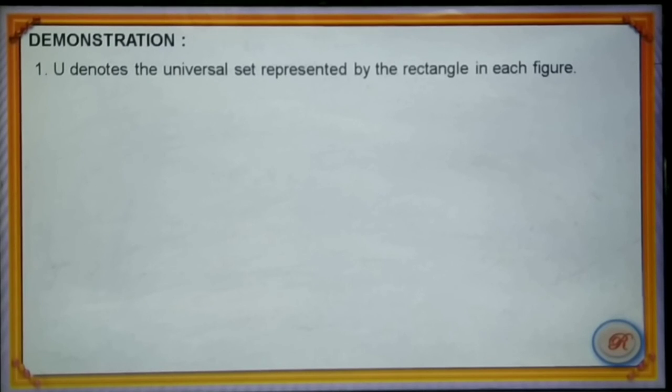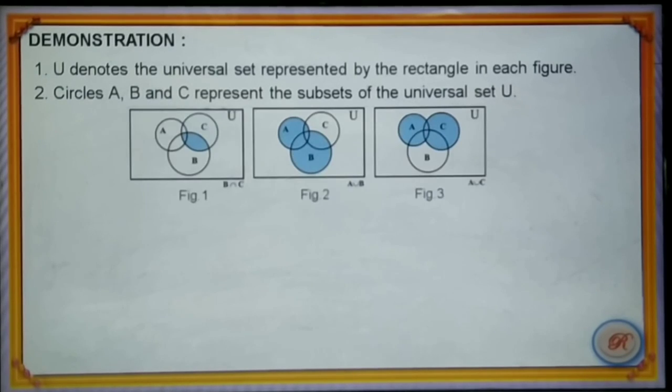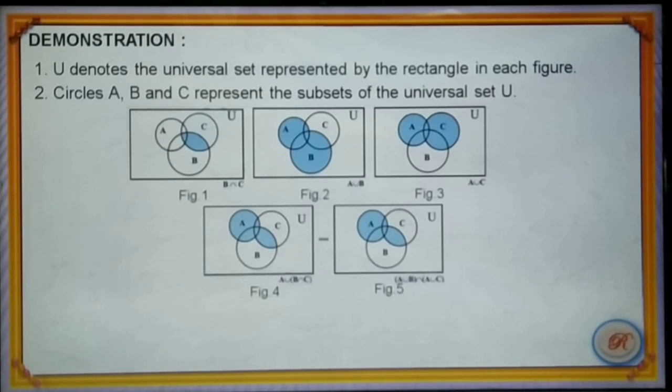U denotes the universal set represented by the rectangle in each figure. Circles A, B and C represent the subsets of the universal set U. Figure 1, Figure 2, Figure 3, Figure 4 equals Figure 5.